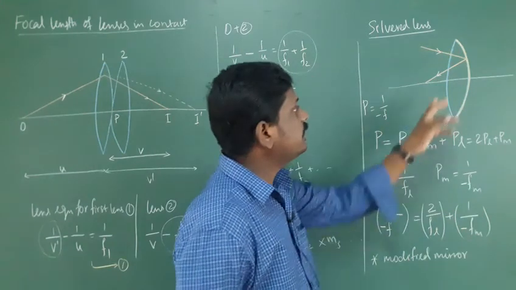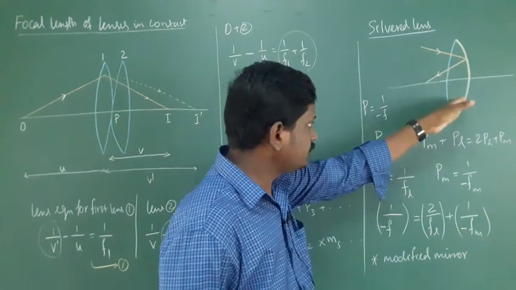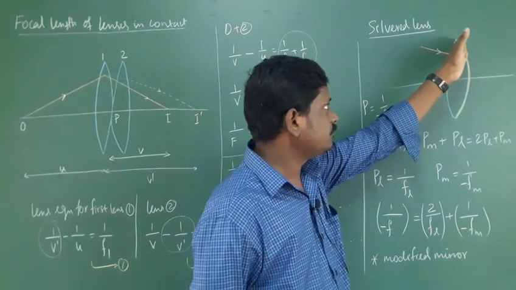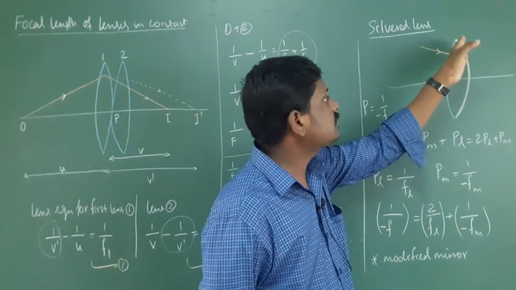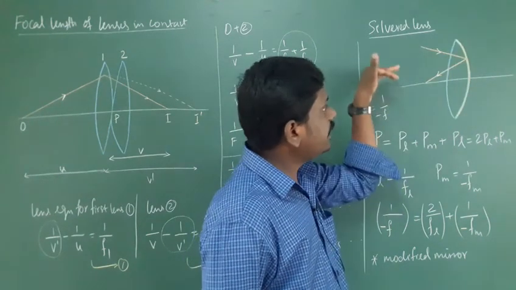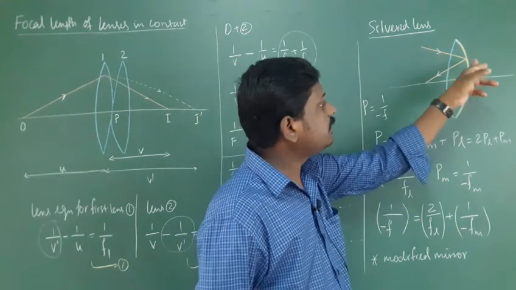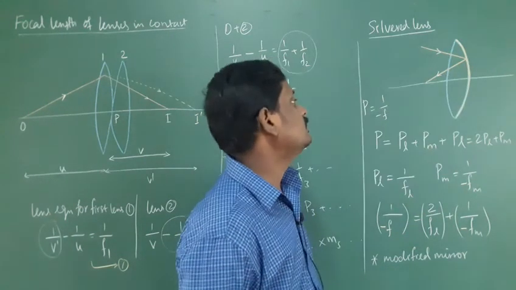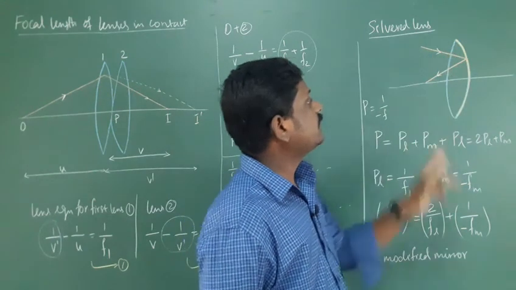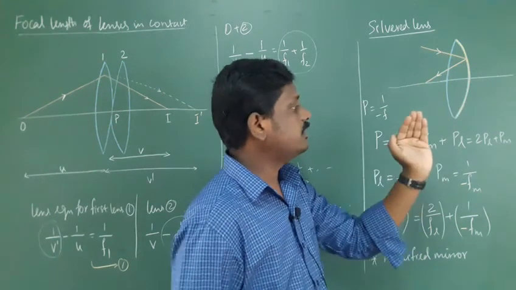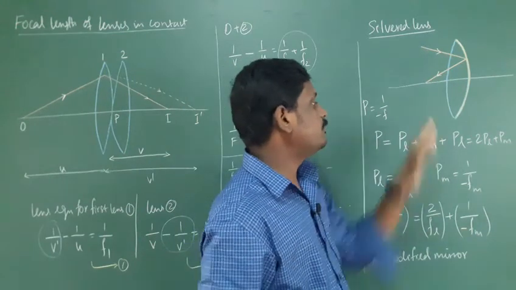If it is a concave mirror, the silvered side is outside and the light is inside. A concave mirror, with negative focal length, is a converging mirror with positive power.